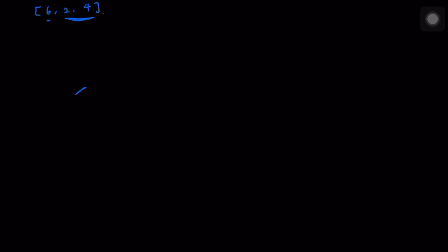Here we know we have a 6 and here is an unknown value. So these two are unknown values, and we have 2 and 4 as the right subtree. So every time we have an unknown value, we want to know the maximum value of its left subtree and its right subtree.